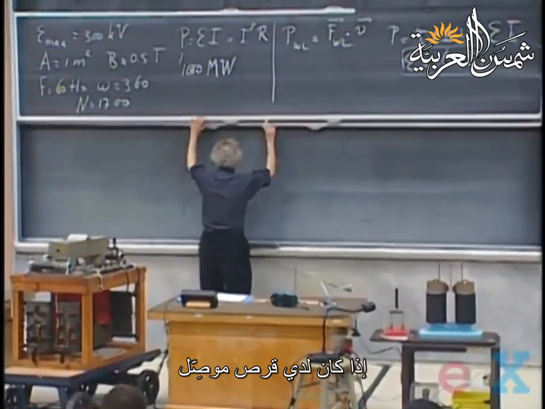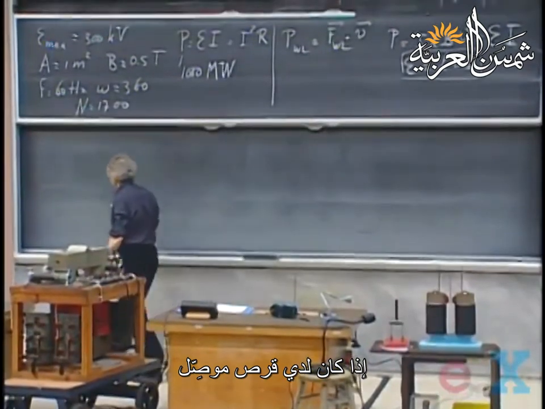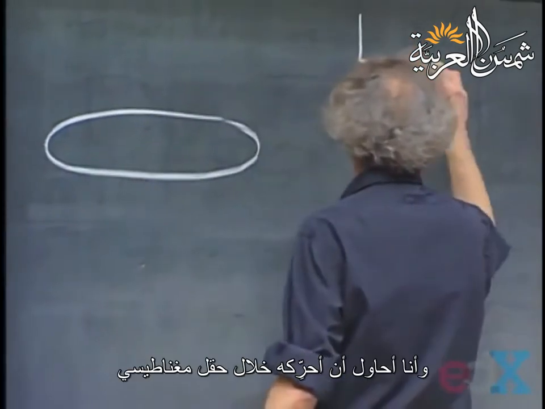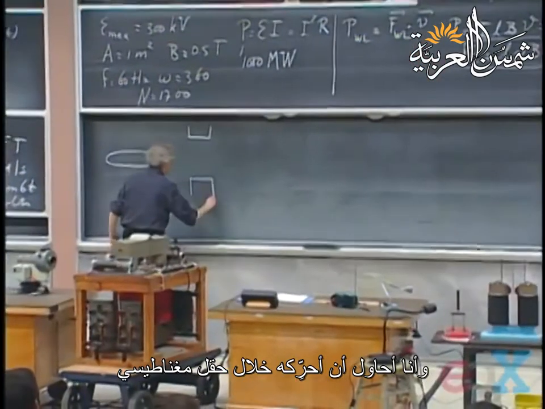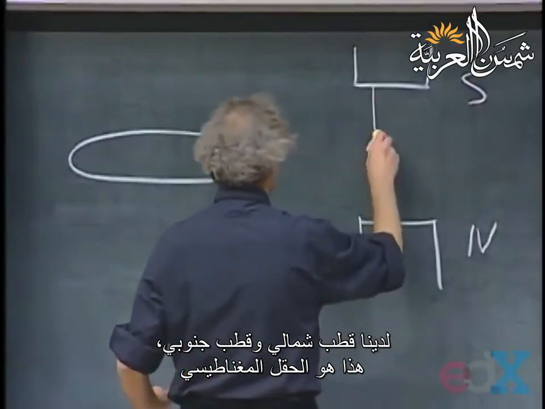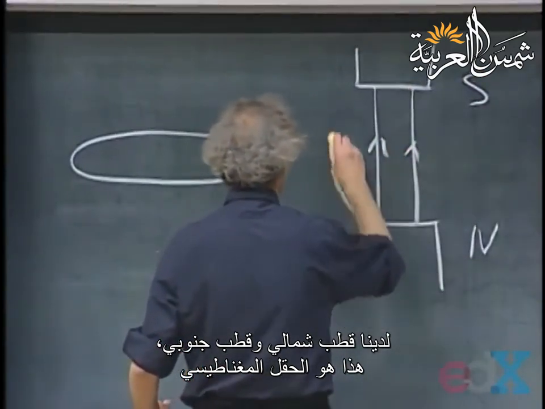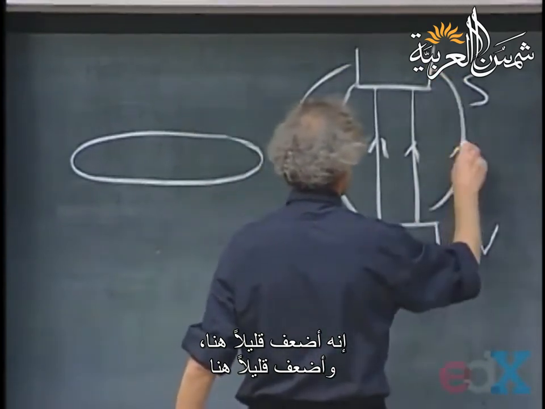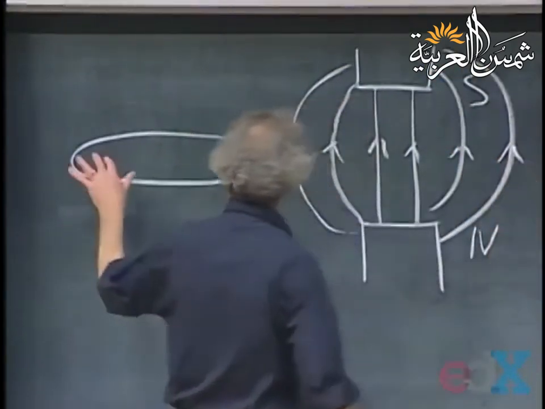If I have a conducting disk, a solid disk, and I try to move it through a magnetic field, North Pole, South Pole, this is the magnetic field. It's a little weaker here, a little weaker there. I move this in.